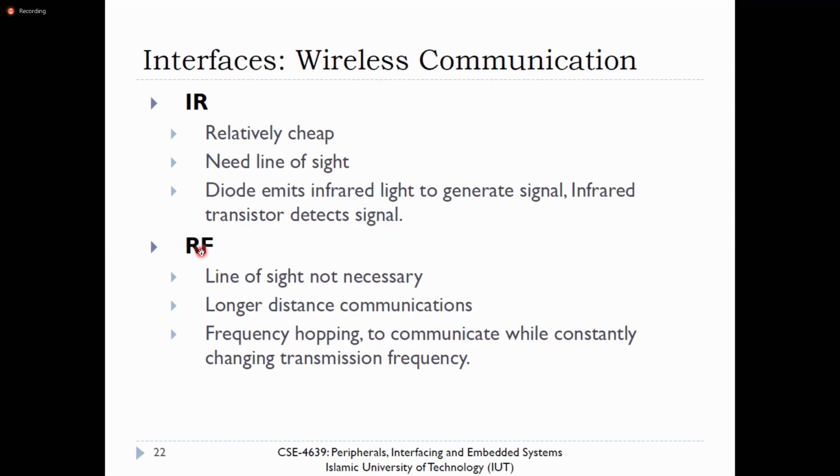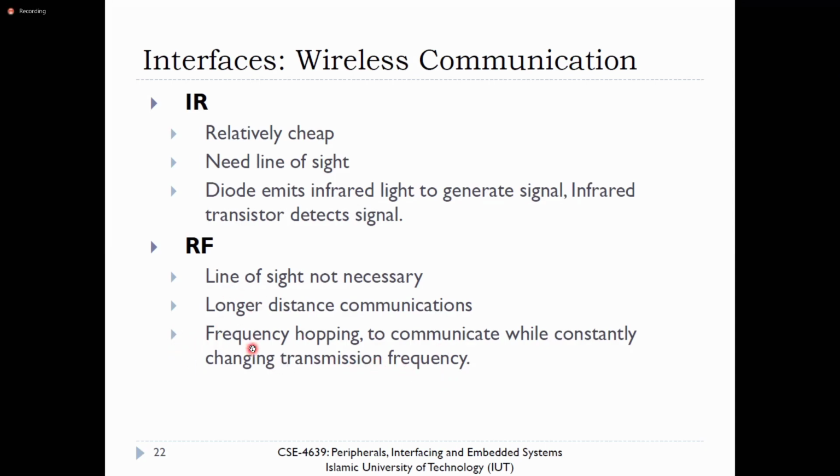Now, on the other hand, we have the radio frequency based interfaces, where line of sight is not necessary. We can cover longer distance. In this case, we cover shorter distance. And we can use frequency hopping to communicate while constantly changing the transmission frequency, meaning we have a variety of frequencies.